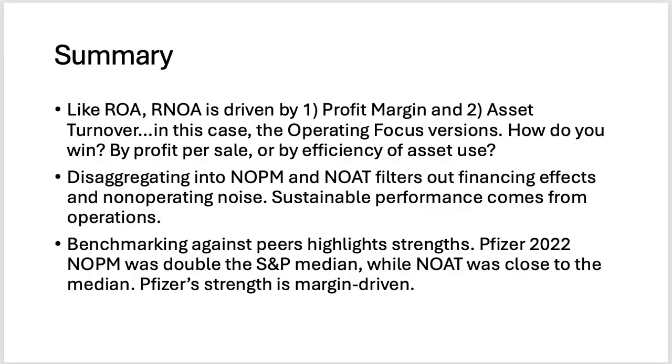And again, just a reminder throughout this module, when we disaggregate into an OPM and net operating asset turnover, we are filtering out financing effects and other non-operational activity noise. And so a reminder that the reason we do all this is that sustainable performance comes from operations, at least over the long term, right?